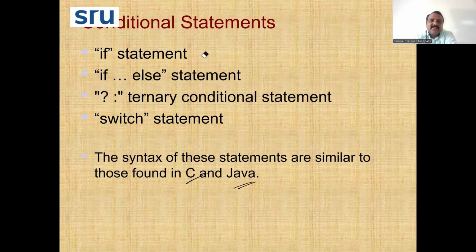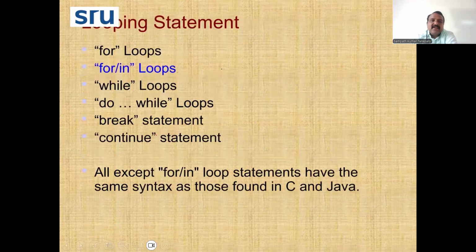The syntax is similar to C and Java. Now we have some looping statements also. We'll check what looping statements we have. We have the for loop, for in loops, while loops, and do while loops.